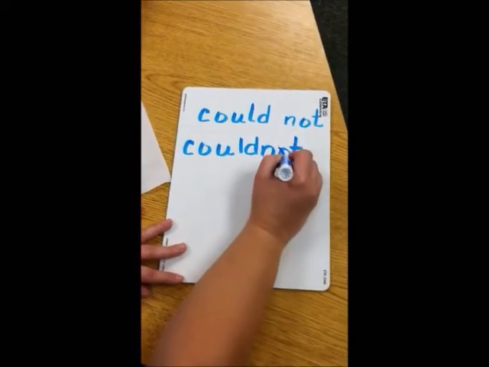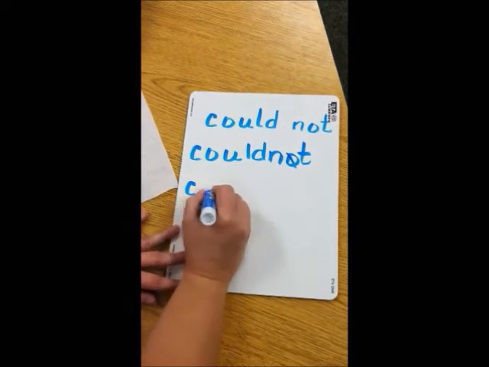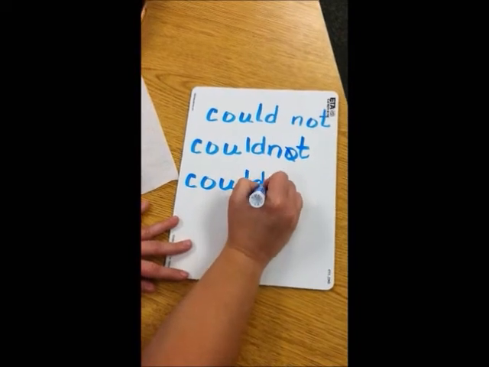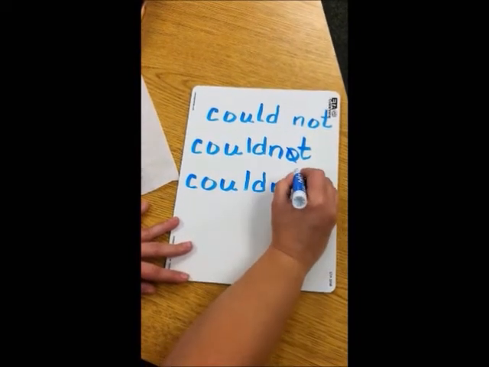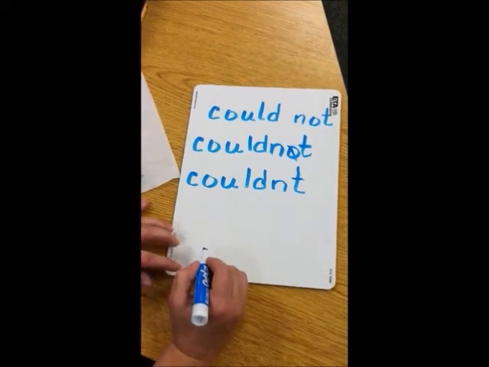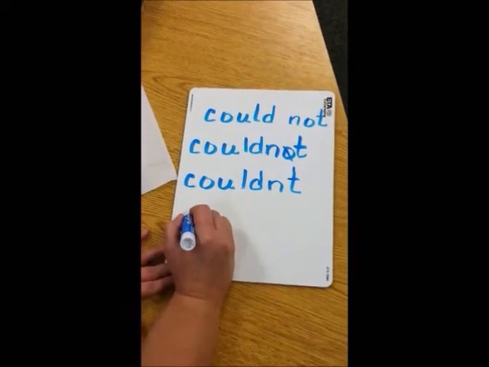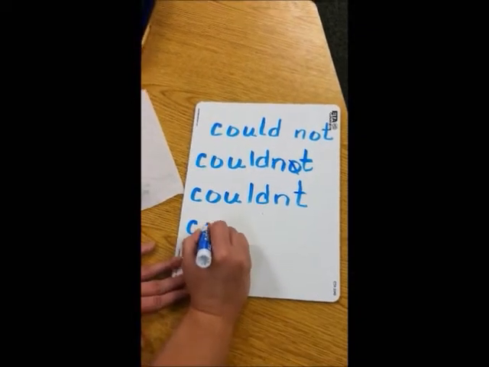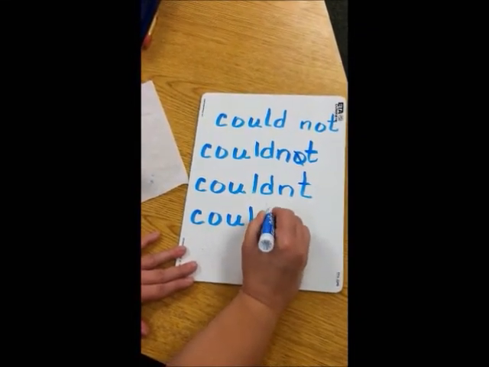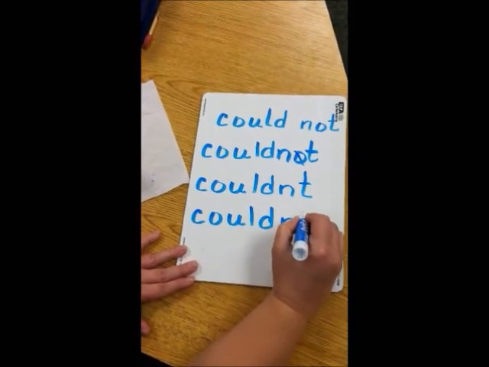Next, we will drop the O and rewrite the word as couldn't. And lastly, we will add the apostrophe in between the N and the T, taking the place of the O. It will spell out couldn't.